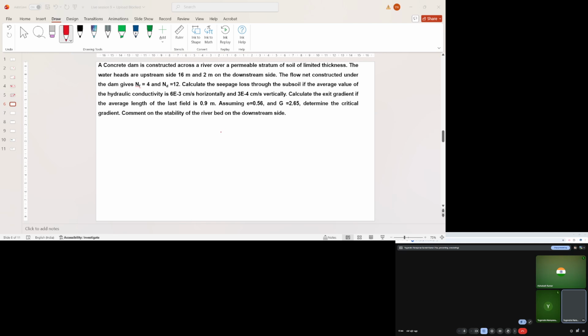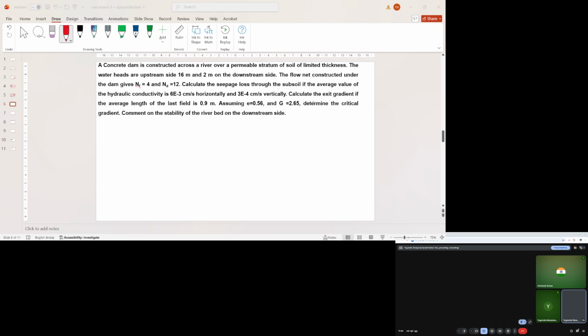So how will you calculate, and what has been given? Kx is given as 6 into 10 to the power minus 3 centimeter per second. Ky is given as 3 into 10 to the power minus 4 centimeter per second.